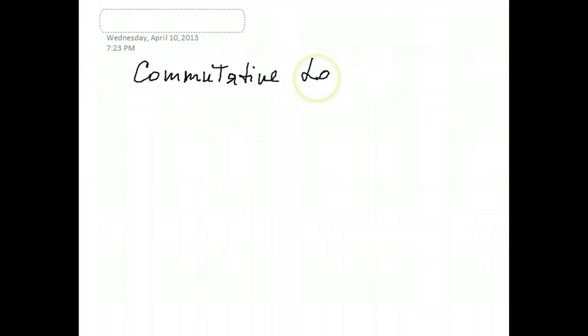Two other rules. These are in section 1.7, and these are the commutative law and the associative law. So the commutative law of addition or multiplication tells you that you can add or multiply two numbers in any order.